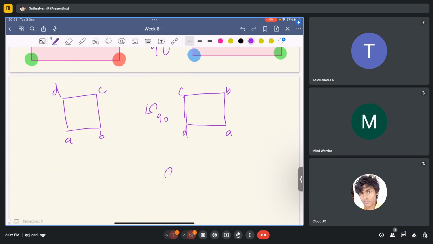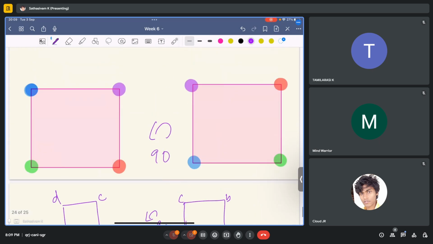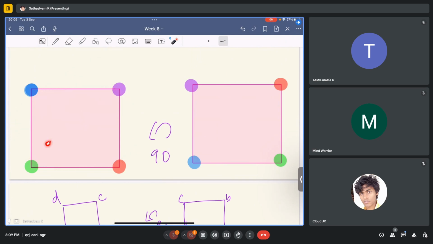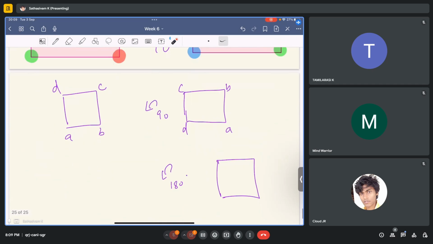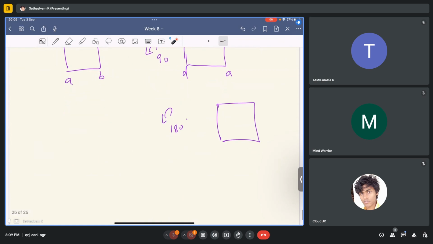I can also do 180 degrees, and I am also able to place it in the same spot. Basically what you're doing is you cut this piece out and take it out. Now what are the different ways you can put it back inside? I can rotate it by 180 degrees and put it, I can rotate it by 270 degrees also.